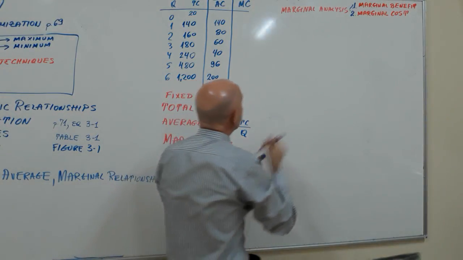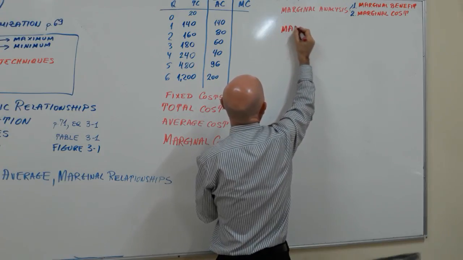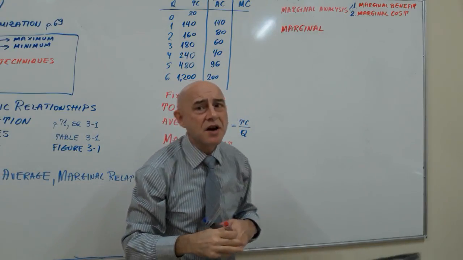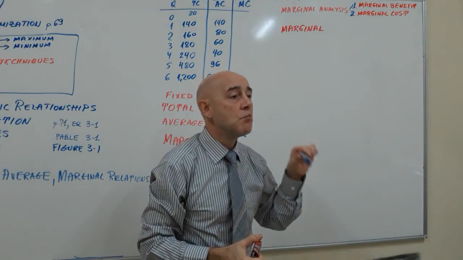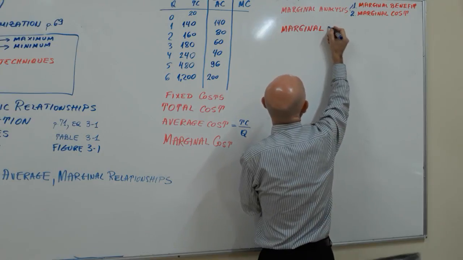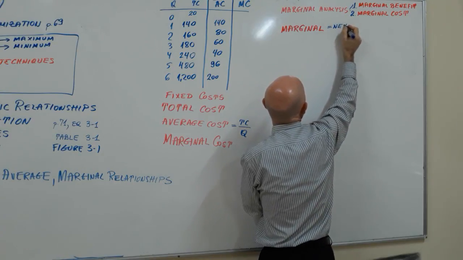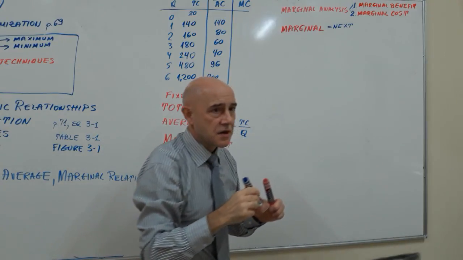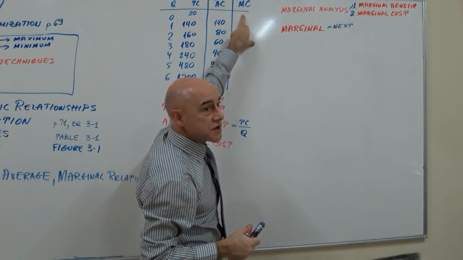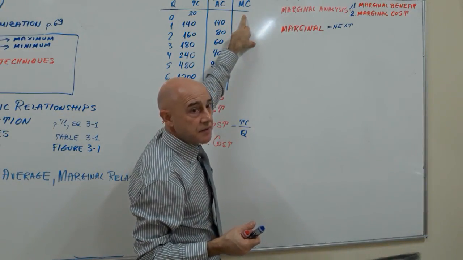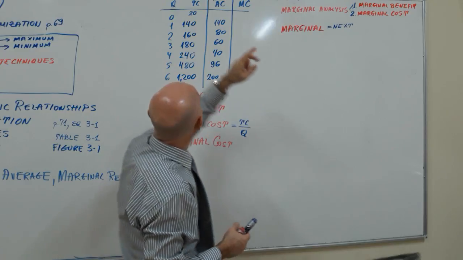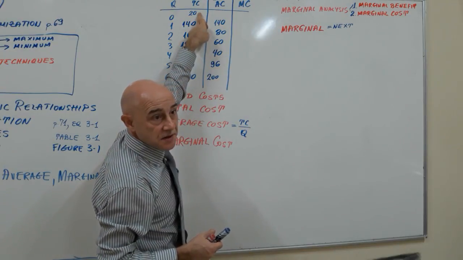Next, the word marginal. Marginal means one more unit. Marginal means literally next. So, here, coming back, the marginal cost of 0 is 0. Now, producing 1, the marginal cost is the difference between this and this.